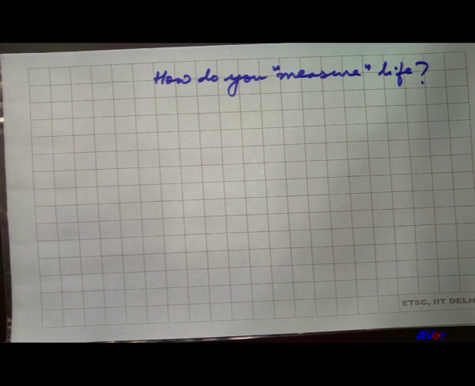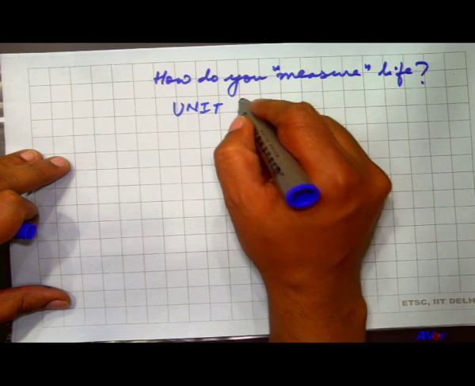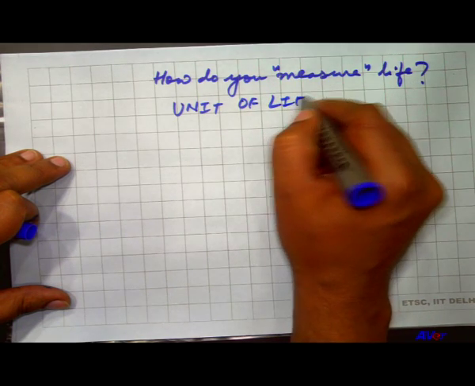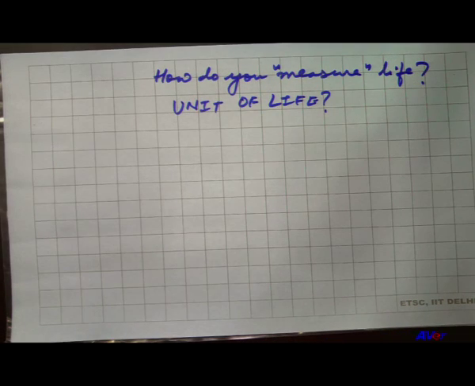In other words, the question on the PowerPoint slide which you see: how do you define a unit of life? This is very important. As I told you, biology is a science. We must have a unit if we want to call some system a biological system.